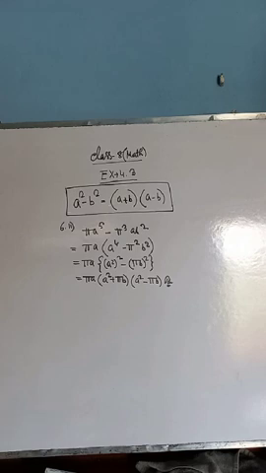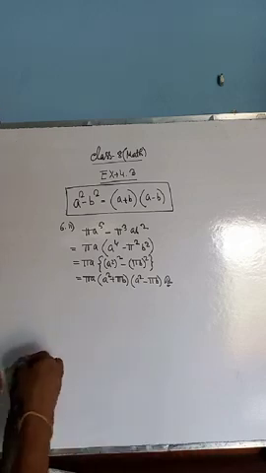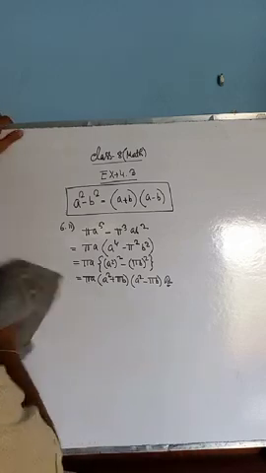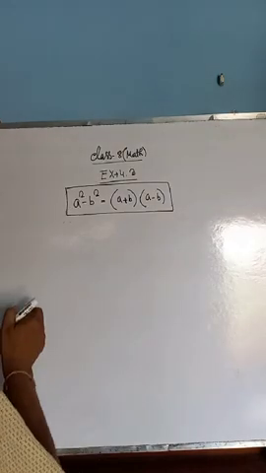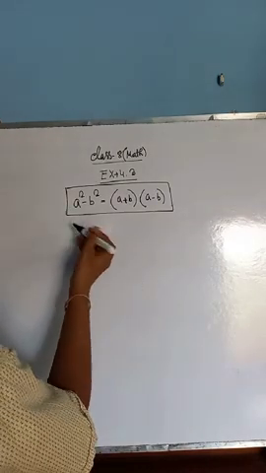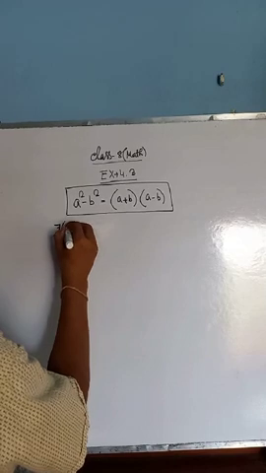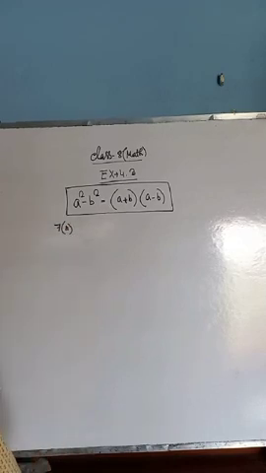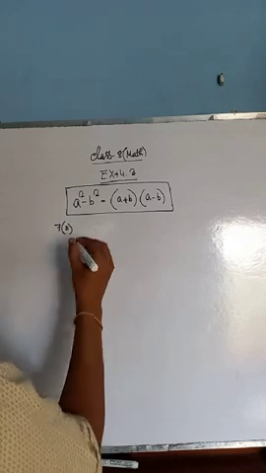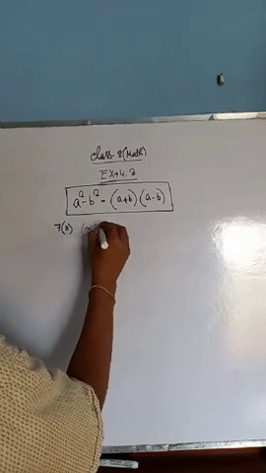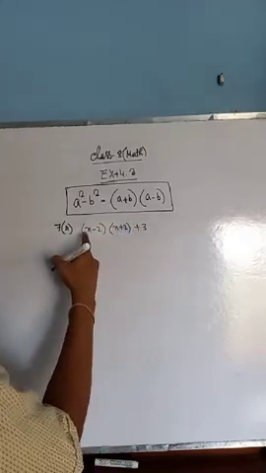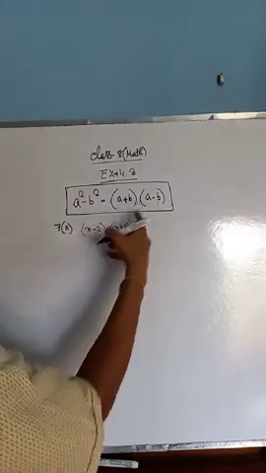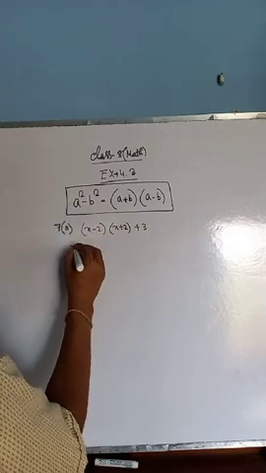Last another math, 7A2: x minus 2, x plus 2, plus 3. See that x minus 2 into x plus 2 means a square minus b square.